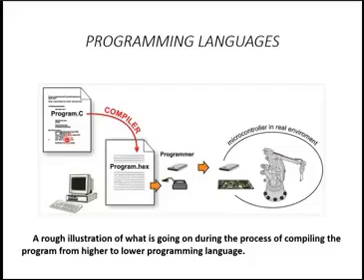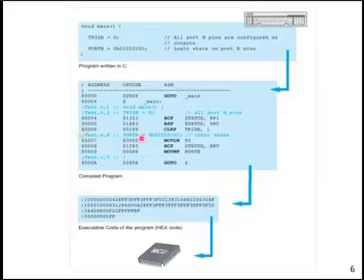This is the flow. Every time the programmer, the developer, writes the program in C language, for example, taking our course as an example, we use MPLAB IDE. So we write the program using MPLAB IDE, and then we compile. The compiler is XC8. What the compiler does is check this program for errors.